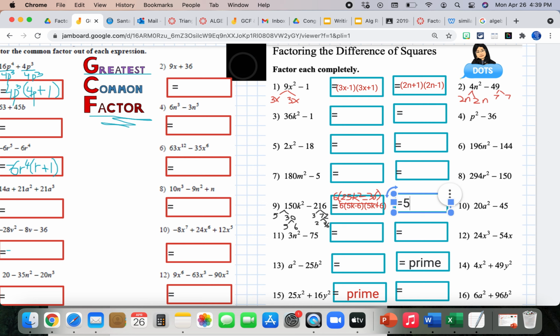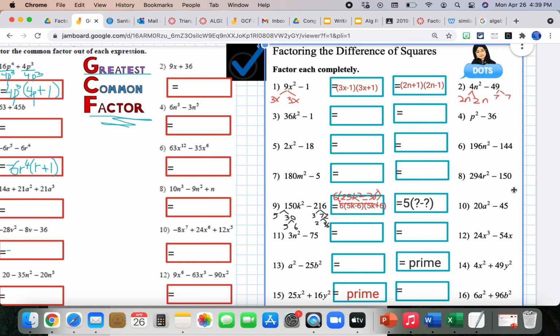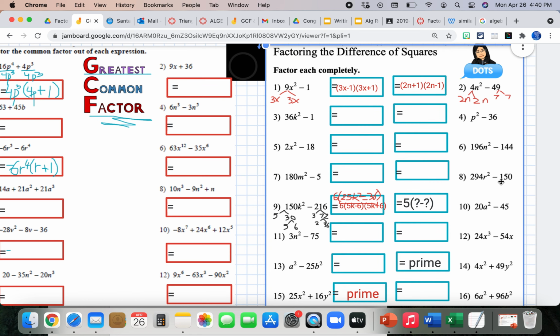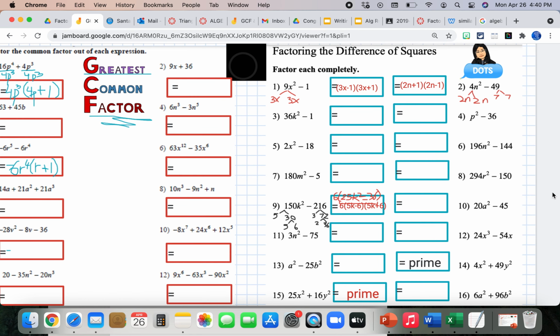Okay, so withdraw the 5 out first, right? Something minus something, and you have to find the answers. And remember, you can still factor it, then you need to still factor it like I show you over here. I think I moved this a little bit. Okay, let's put it back.